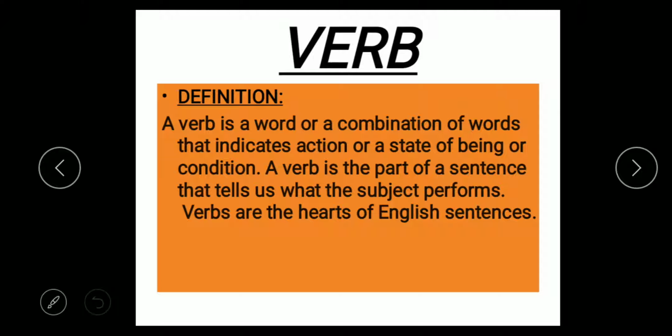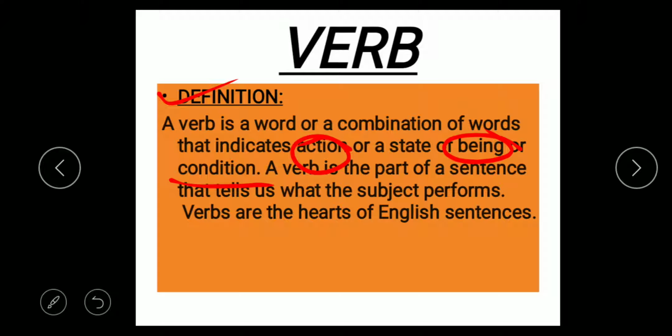So, simply defined, the verb is a part of speech which is used to demonstrate an action or a state of being. Here is the definition of verb. A verb is a word or a combination of words that indicates action or a state of being or condition.